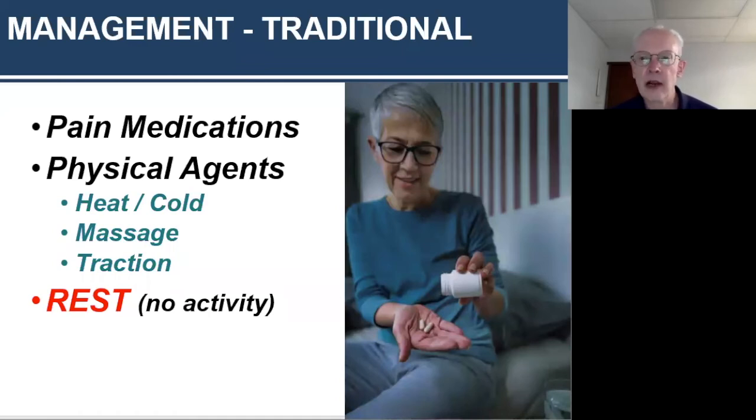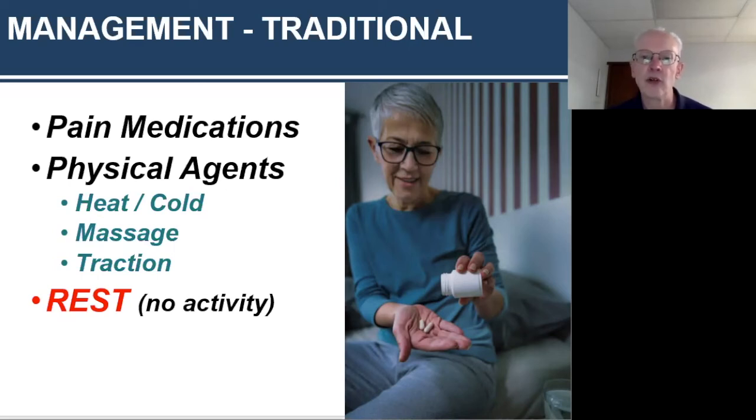There is no data anywhere in the physical therapy literature, in the basic science literature, in the pharmaceutical literature, in the chiropractic literature, in the orthopedic or neurology literature that says heat by itself can reduce, can correct, can heal low back pain.